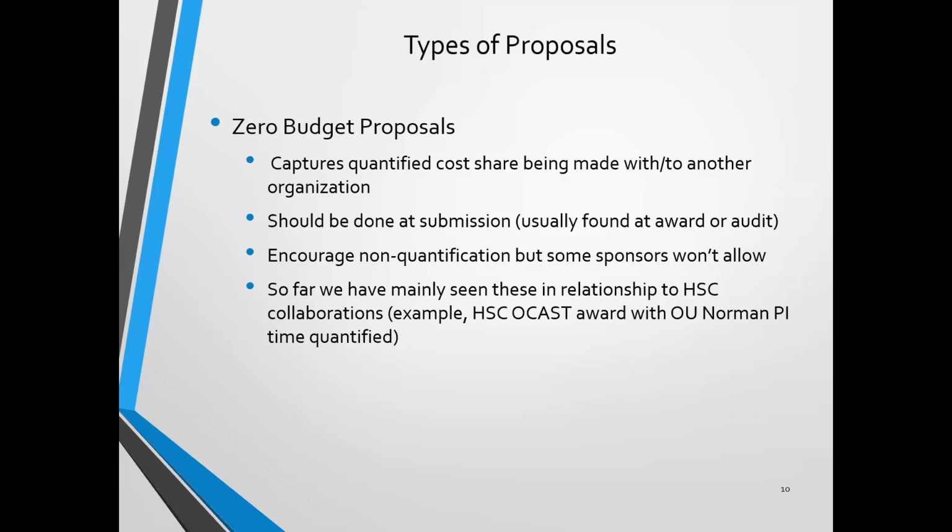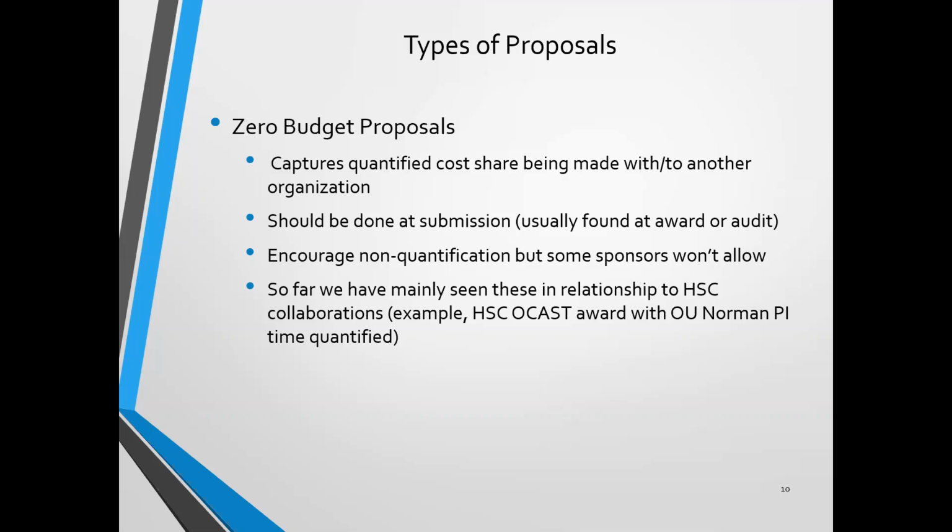Let's say you were doing a proposal with HSC that was going into OCAST. And in this proposal to HSC, you've been talking with the PI there, and you tell them, oh yeah, I don't mind working on this proposal with you. You can put me down for 5 or 10% of effort, because OCAST wants an effort entry for everyone who's involved on the proposal, even if it's just 1%.